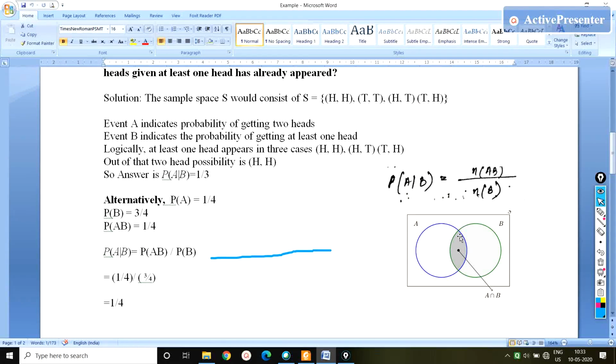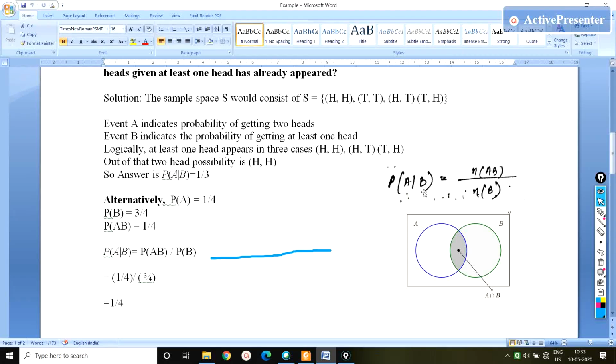Look at this diagram. With this diagram, we want to explain that P(A given B) is equal to n(AB) by n(B), that is, the number of cases favorable for the event AB by the number of cases favorable for B.